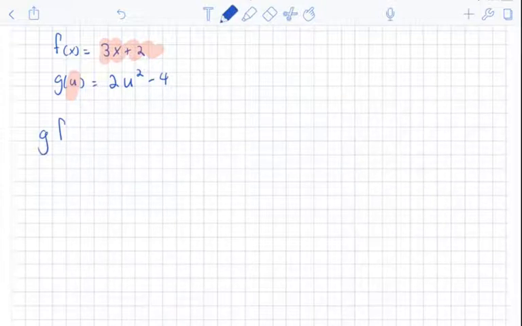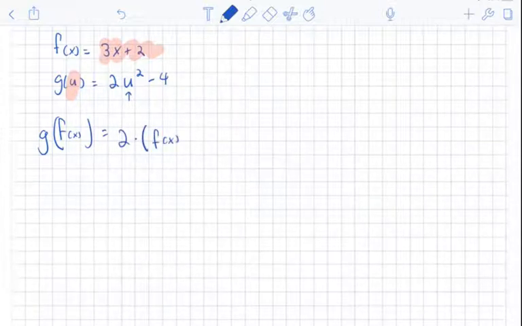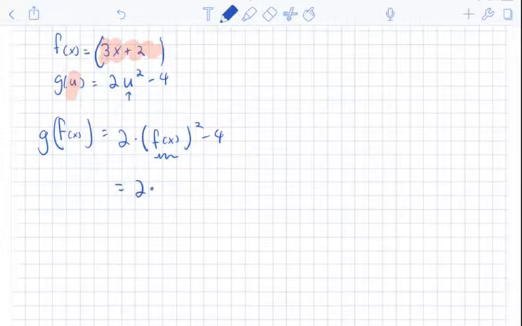I replace the u with f of x, and now I replace this term with this term: 2 times (3x plus 2) all squared minus 4.